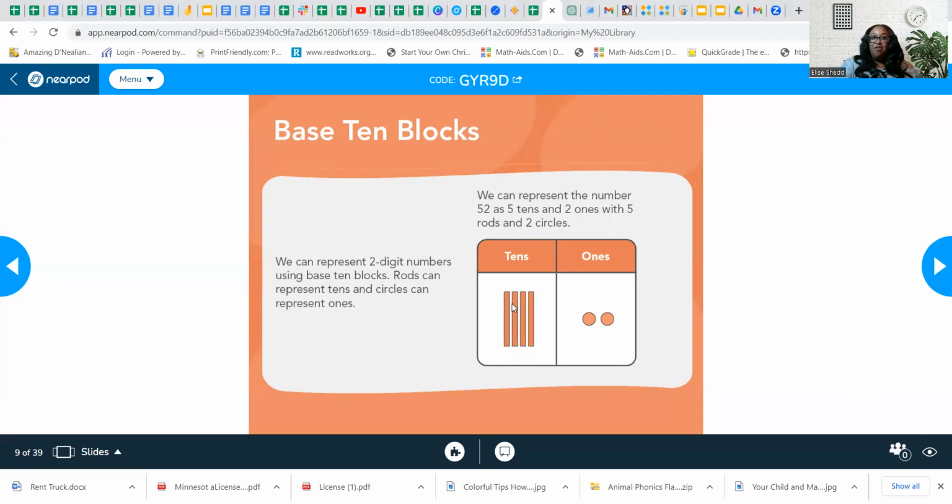See, the rods are the tens place, and the circles can be the ones place. We can represent the number 52 as 5 tens and 2 ones with 5 rods and 2 circles. Now, Michelle calls these 5 sticks and 2 circles.